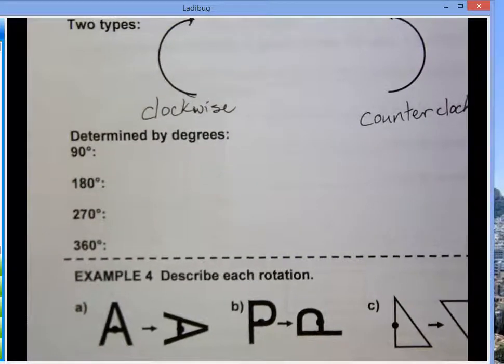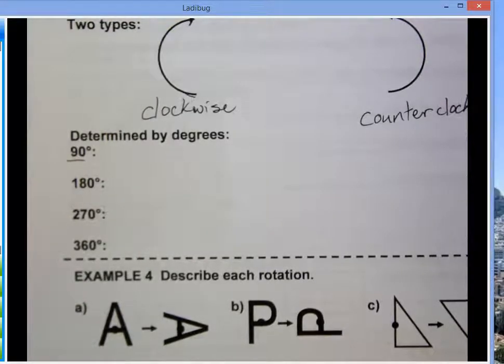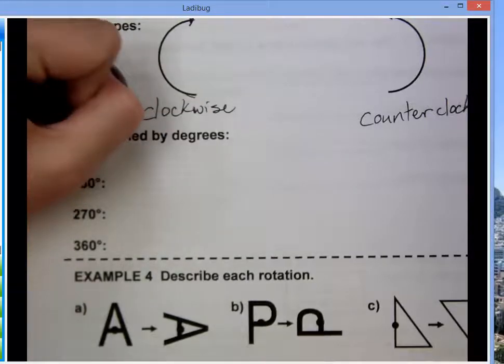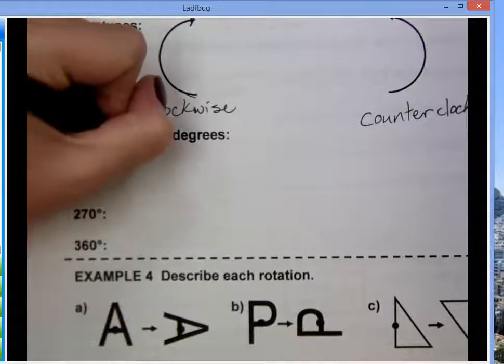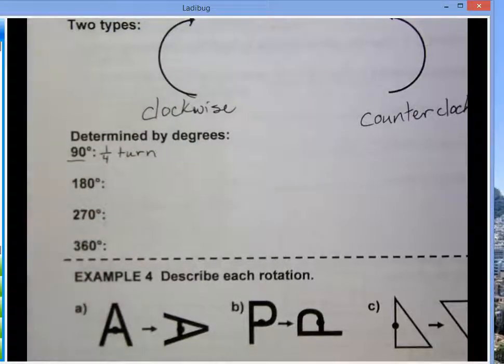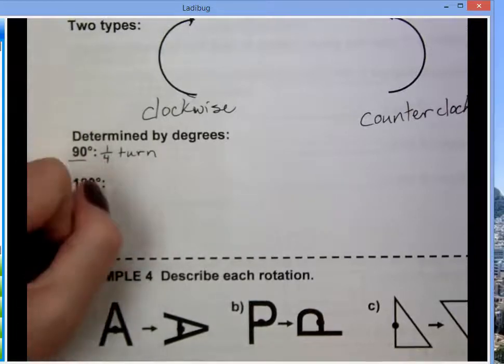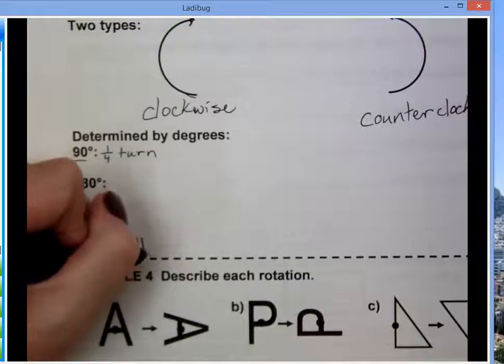Alright, so if your problem says rotate something 90 degrees, and if you think about a circle, 90 degrees around a circle would be 1/4 of a turn. Because if you look down at the bottom, 360, you know, if somebody tells you to do a 360, you would spin all the way around, so it's one full turn.